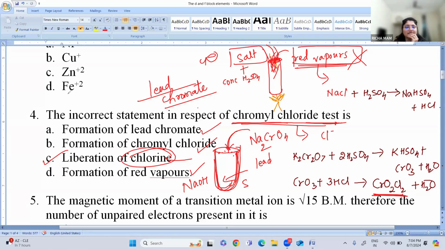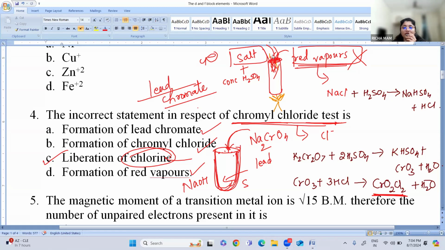So this is the reaction behind the chromyl chloride test. It is a very important test. They may ask you in your practical viva about the chromyl chloride test while doing salt analysis. So you have to do it properly. You should get this yellow solution.